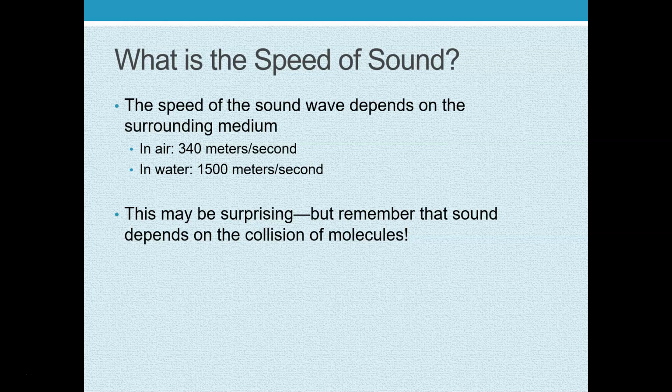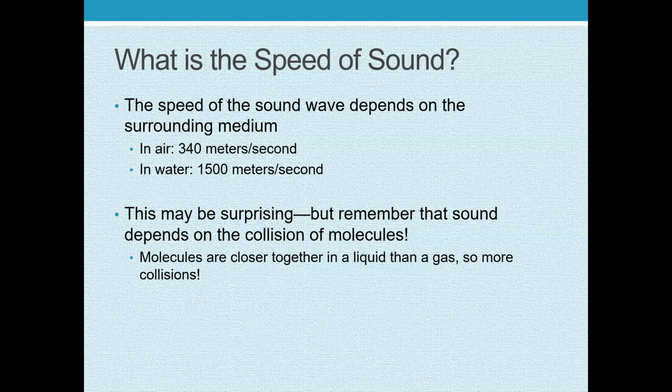If you're already in water, the molecules are more tightly packed together. And what this means is that the sound wave has more opportunity to basically cause all of these different molecular collisions. So that's part of the reason why the speed of sound is much higher in water.